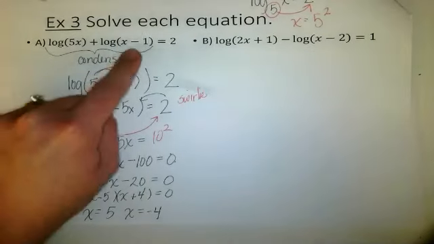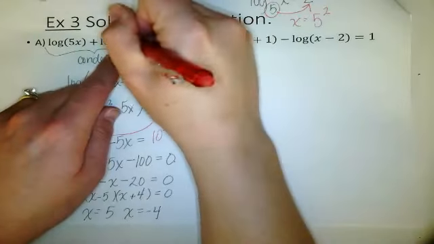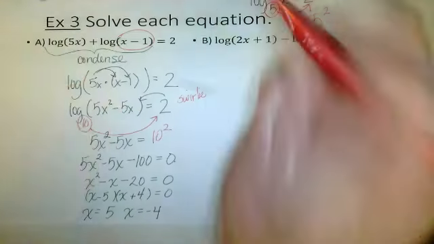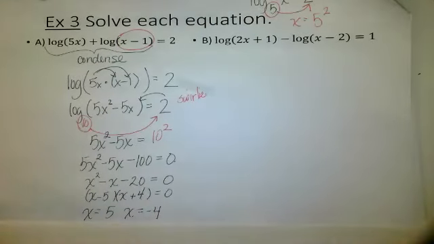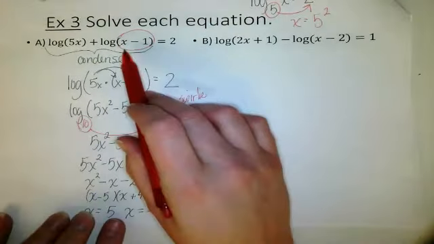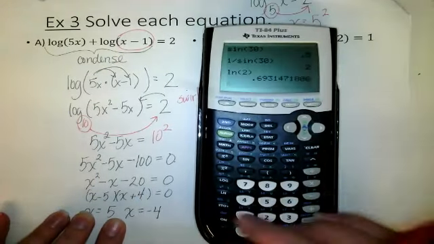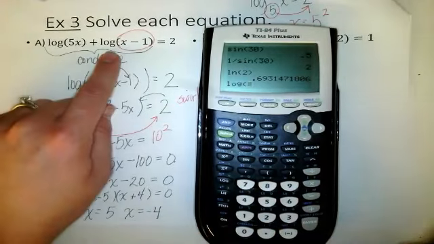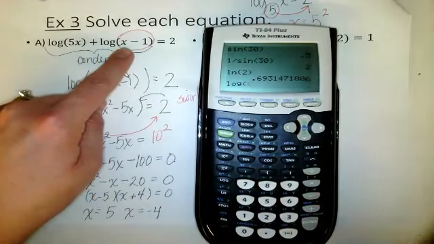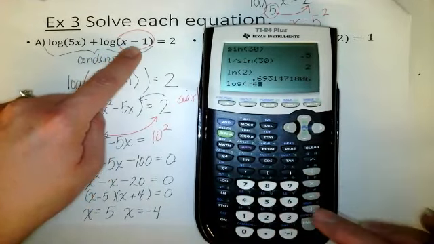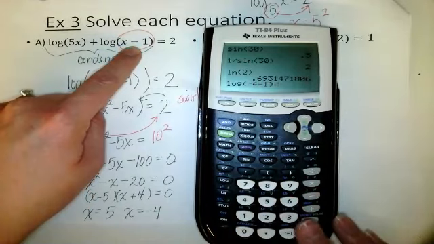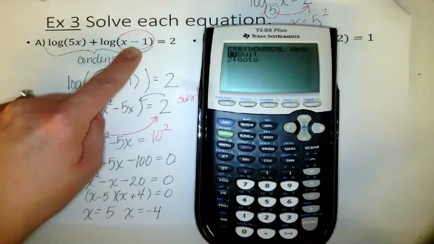Okay, so the argument cannot be less than 0. That's really important because I'll show you here. You can see in your calculator, we have a log, and what I'm going to do is plug in negative 4. Negative 4 minus 1. Error, non-real answer.